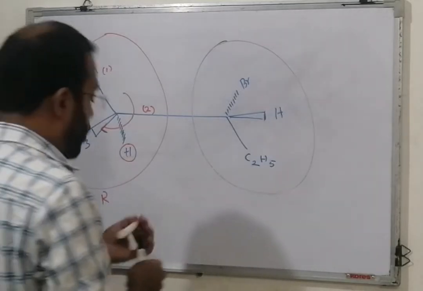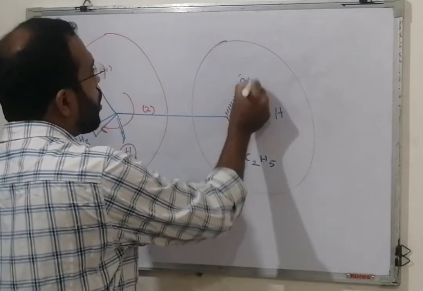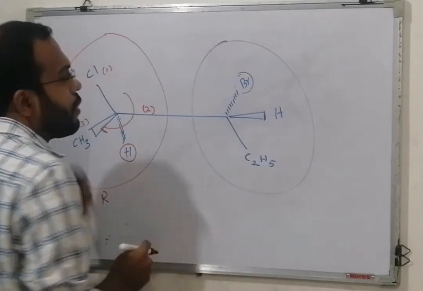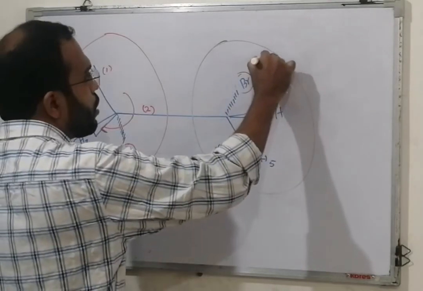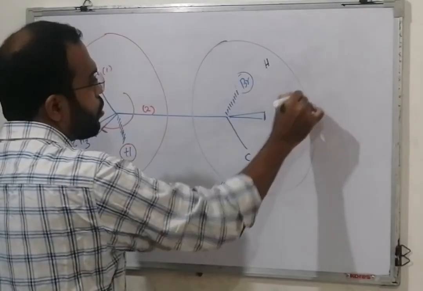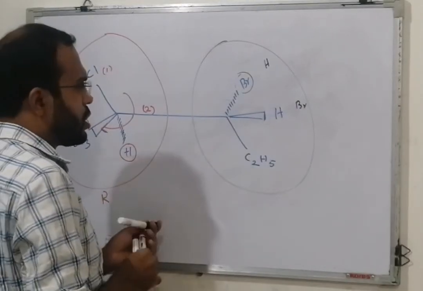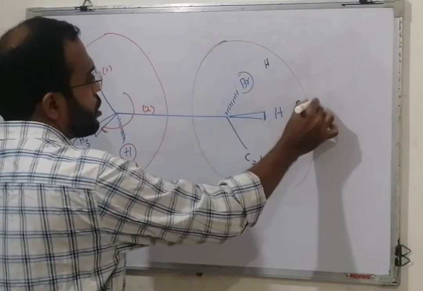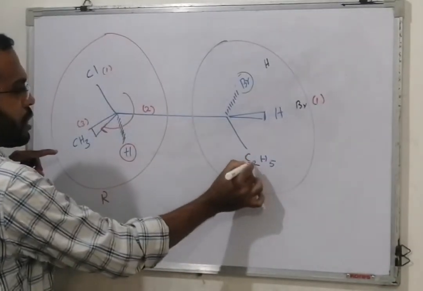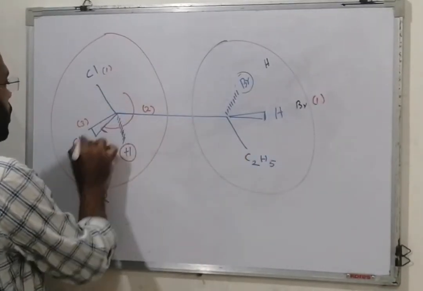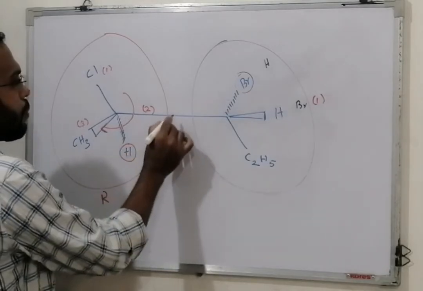But when you come here, the least priority group is bromine. But it should be hydrogen. Therefore, I just change it: hydrogen here and bromine here. We have to exchange. Now you number first, second: C2H5, carbon, chlorine, CH3. Which will be the second priority?